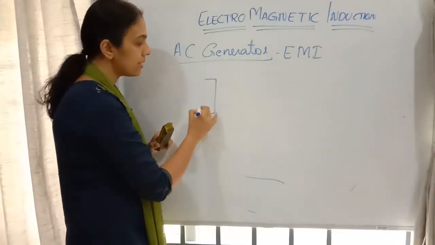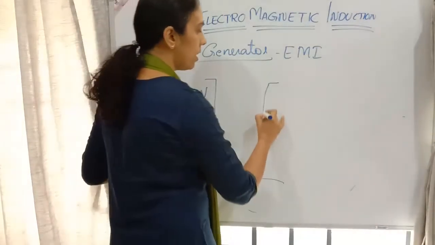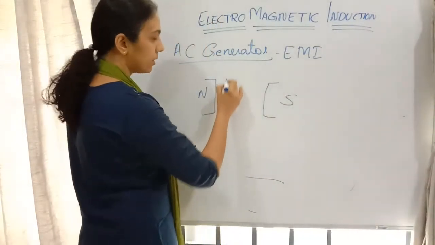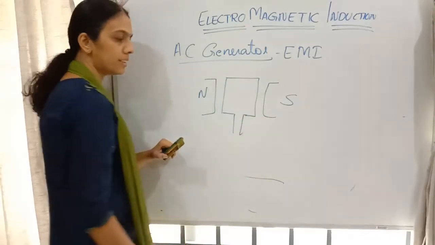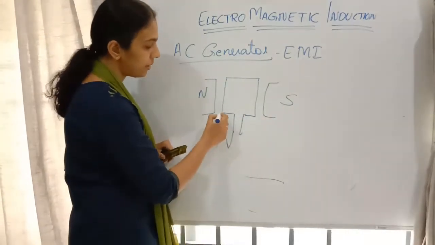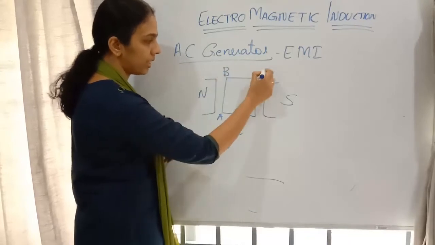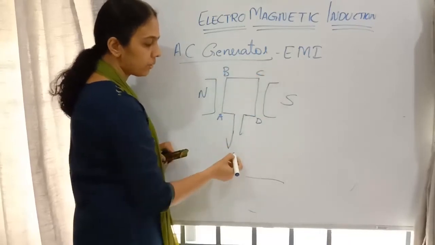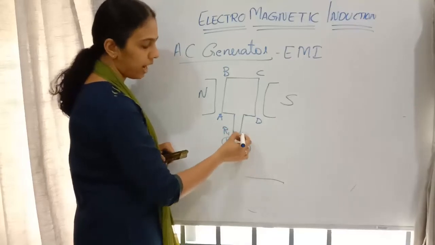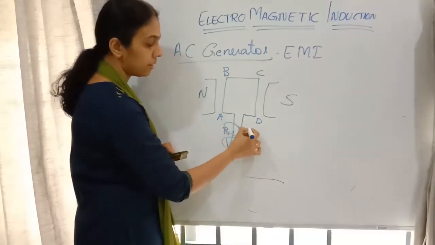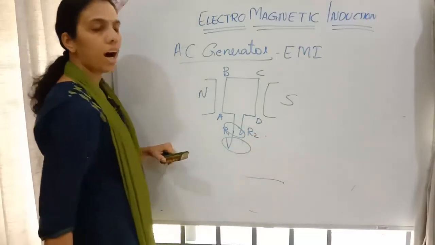AC generator means it will be having a north pole and south pole. A conductor is present here, and here a rectangular coil A, B, C, D. A is connected with a ring R1 and D is connected with the ring R2.